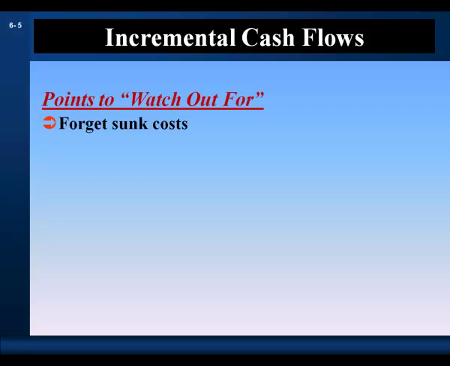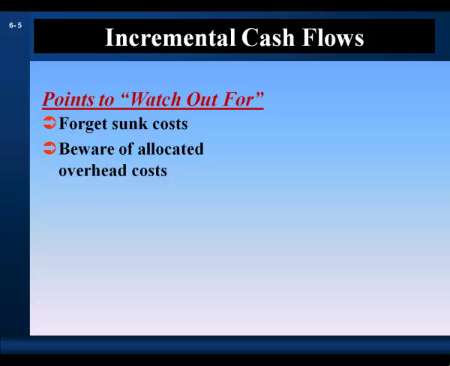They're history, and they're irrelevant to the accept-reject decision because they play no part in the return on the investment that will be made if the project is accepted. That return is determined by the project's future cash flows and not by any past cash flows. So forget sunk costs. They're irrelevant to today's decision.